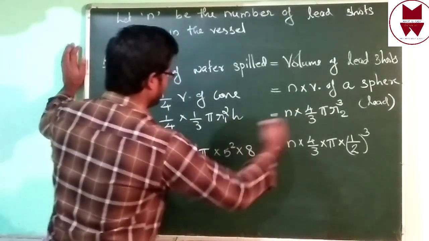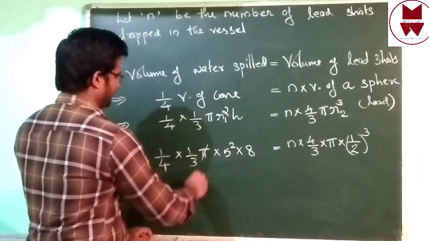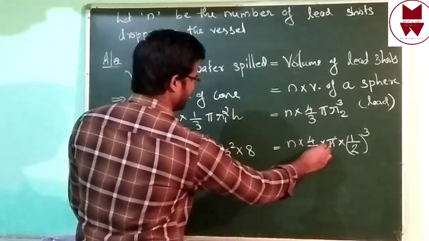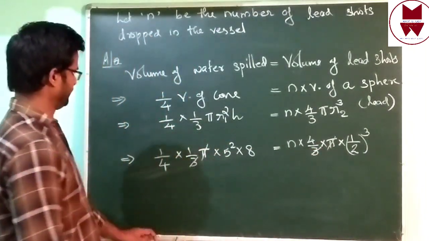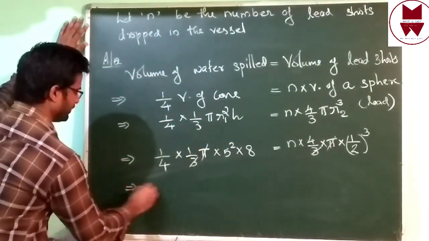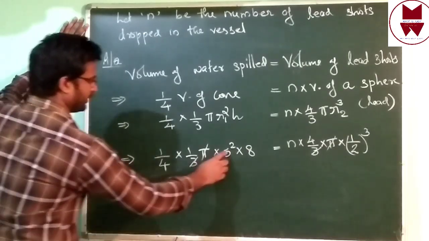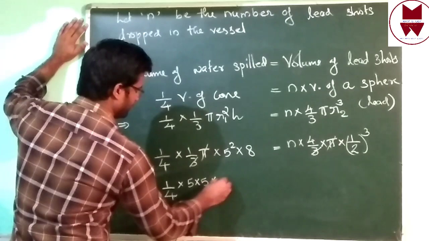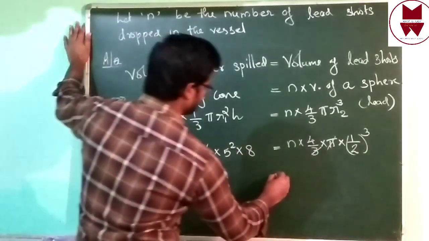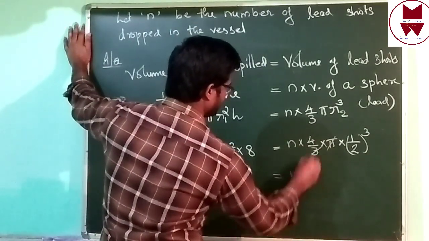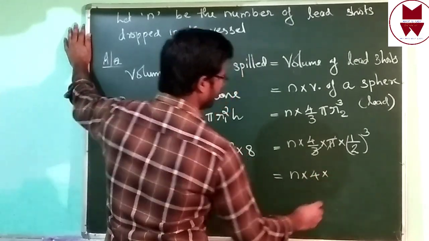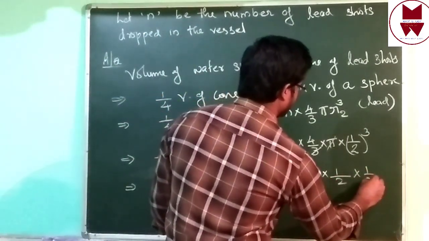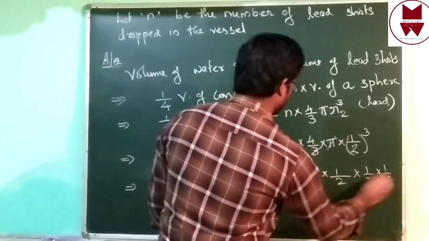On both sides we can cancel pi and pi, and 1/3 and 1/3. We can write 1/4 into 5 into 5 into 8 on the left, and on the right n into 4 into 1/2 into 1/2 into 1/2.